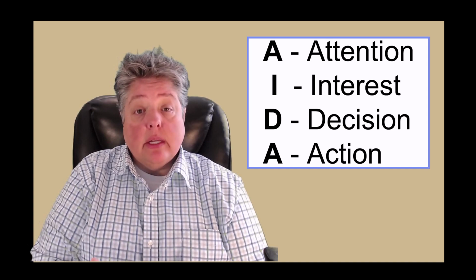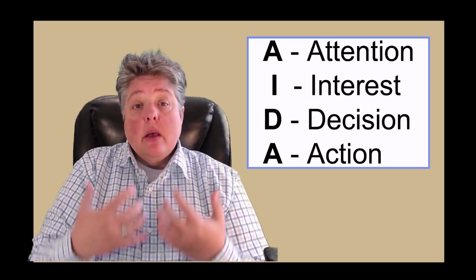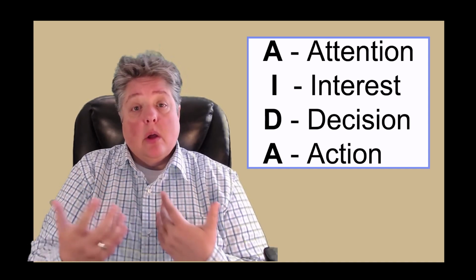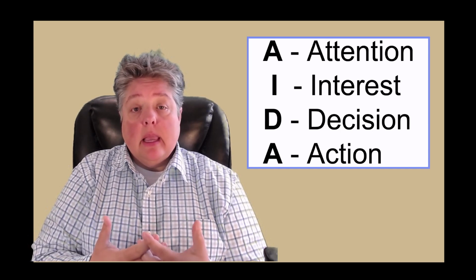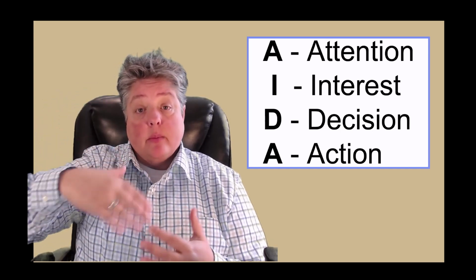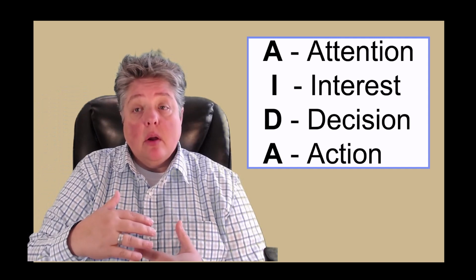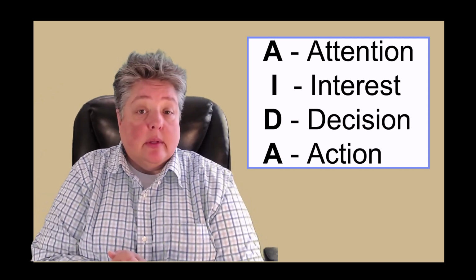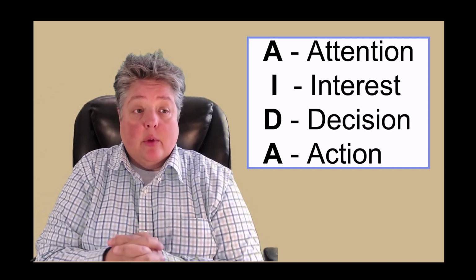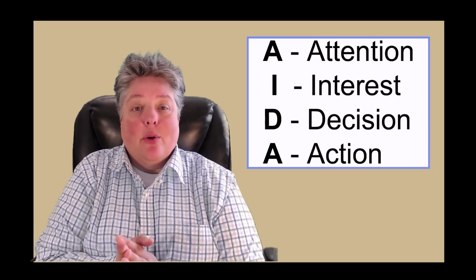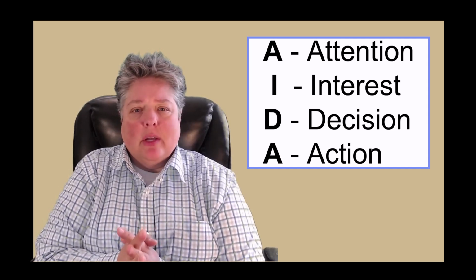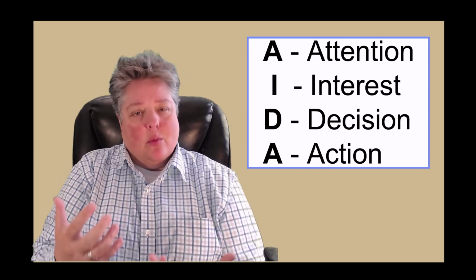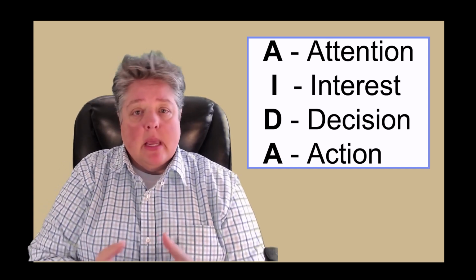This is also known as a postscript. The PS can do one of a couple of things. One, it can re-emphasize something that you've already mentioned in the letter, or it can offer an additional incentive. If you were alive in the 80s, you remember the infomercial: act now and you'll get a second set of steak knives, right? So that's the PS.